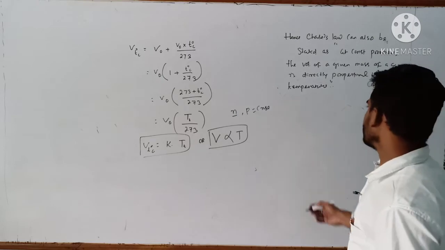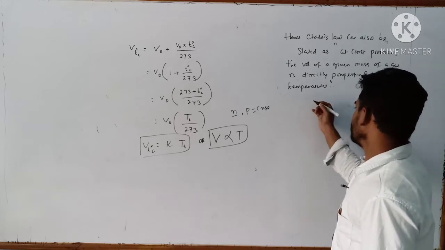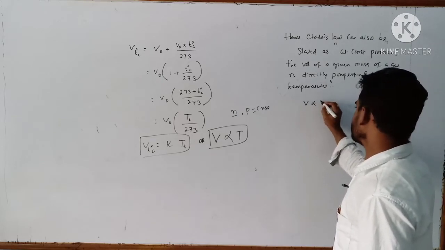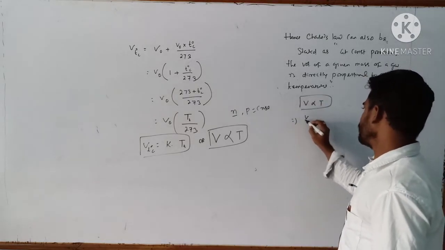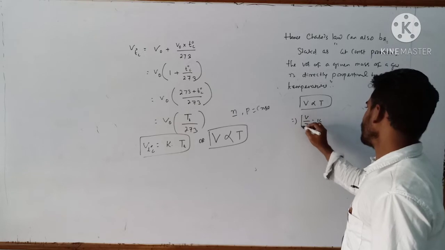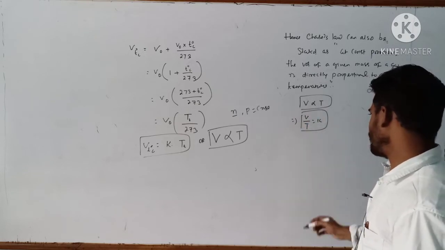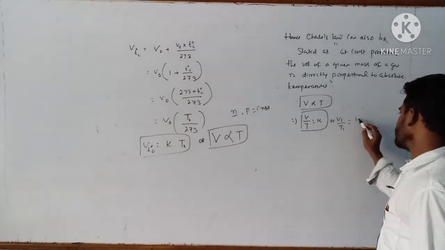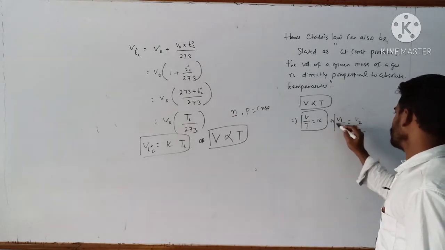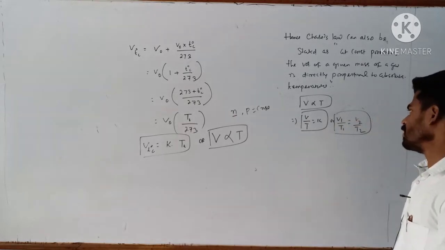So Charles law can be easily written as V is directly proportional to T, or you can say V by T is equal to K, a constant, or you can write V1 by T1 equal to V2 by T2. This is also one expression of Charles law.